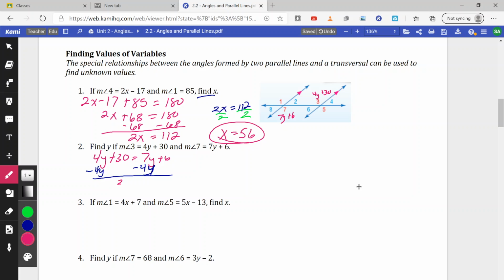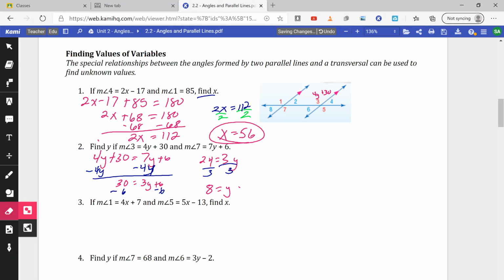And we end up with 30 is equal to 3y plus 6. We'll subtract 6 from both sides. And we end up with 3y is equal to 24. And last but not least, we divide by 3. So we get 8 being our y value. So again, we were told to find y. We found y. And we can move on to our next relationship.